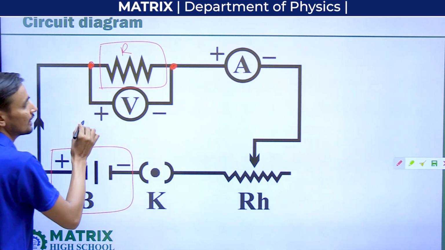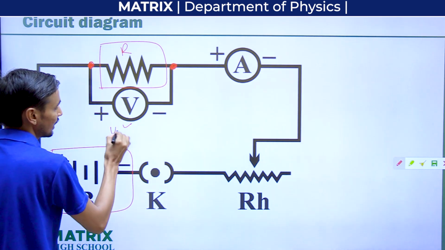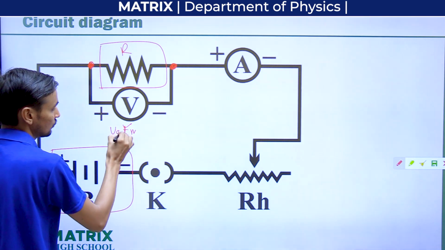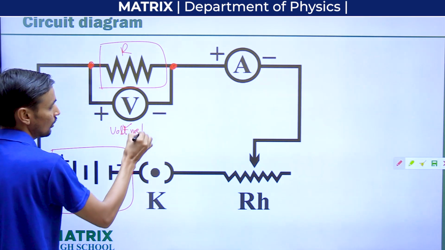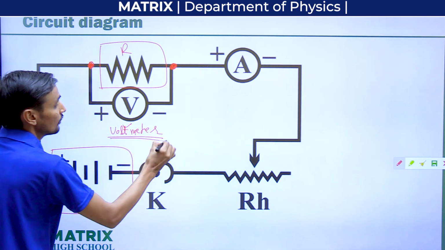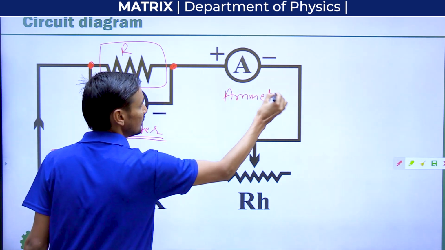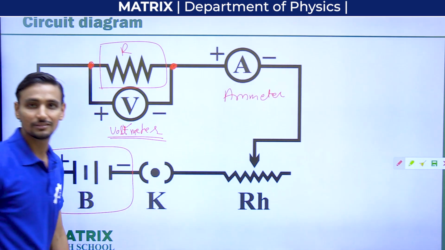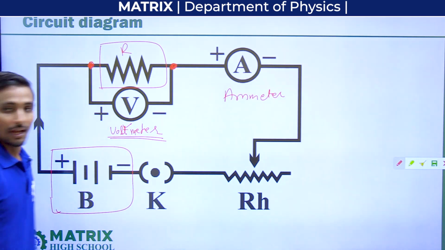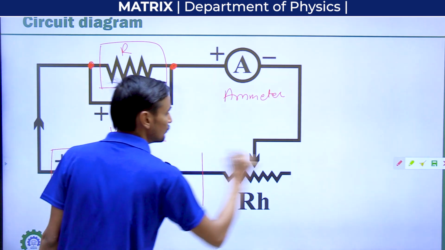Then we will connect a voltmeter across it, and we will connect an ammeter in series with this resistor, and in series we will connect a rheostat.